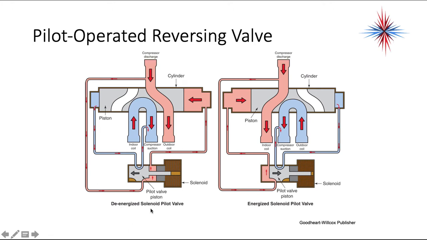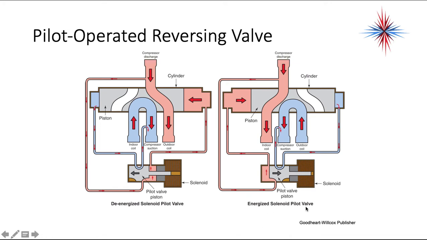So this is a de-energized pilot valve. We're allowing refrigerant to flow out of the compressor discharge through the pilot valve and into the right side of the cylinder, which pushes the piston over and pushes it into cooling mode.